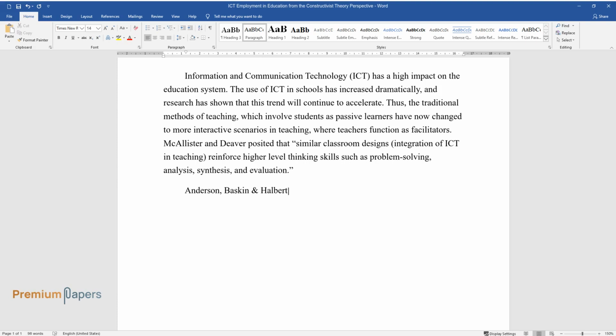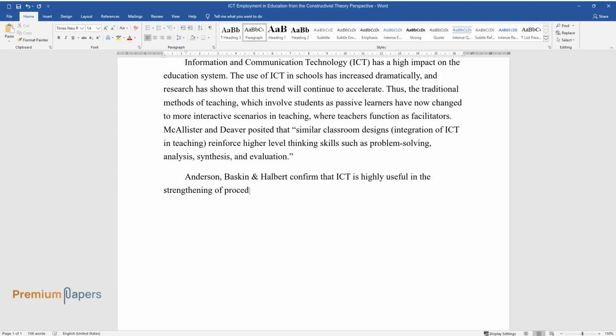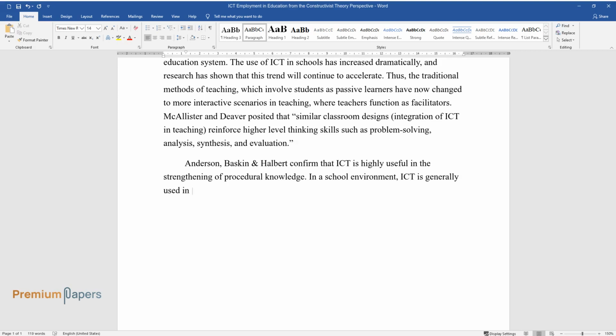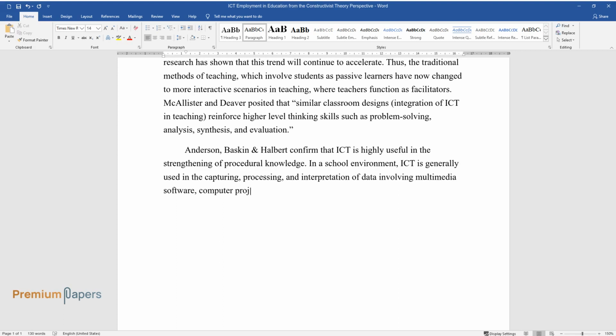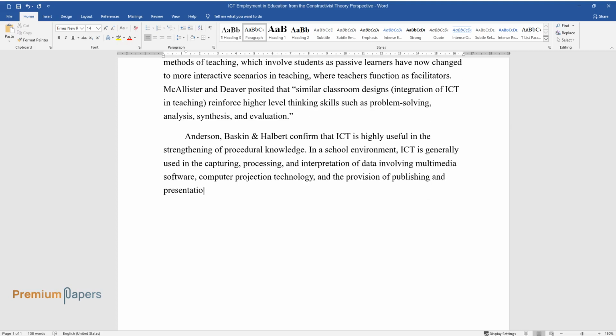Anderson, Baskin and Halbert confirm that ICT is highly useful in the strengthening of procedural knowledge. In a school environment, ICT is generally used in the capturing, processing, and interpretation of data involving multimedia software, computer projection technology, and the provision of publishing and presentation tools.